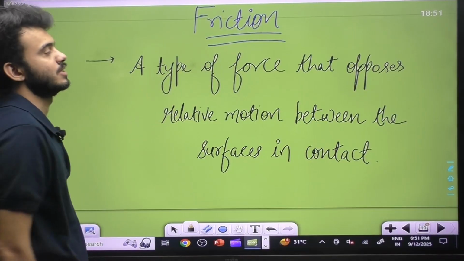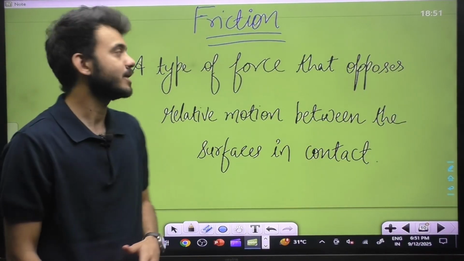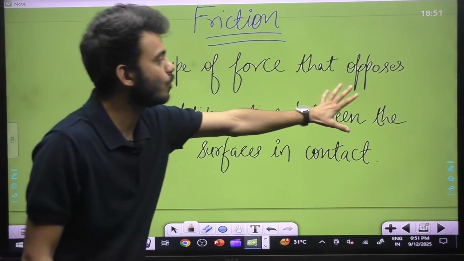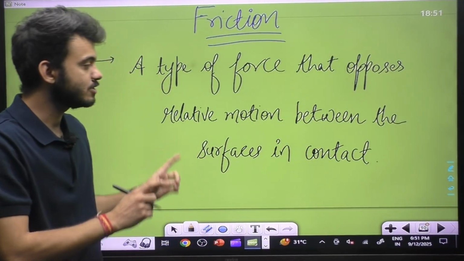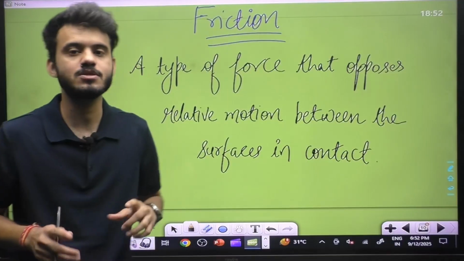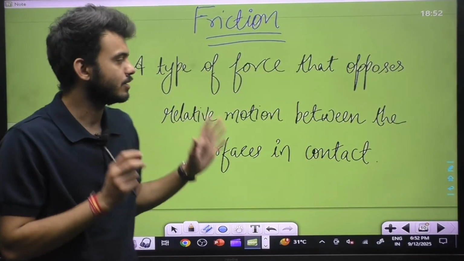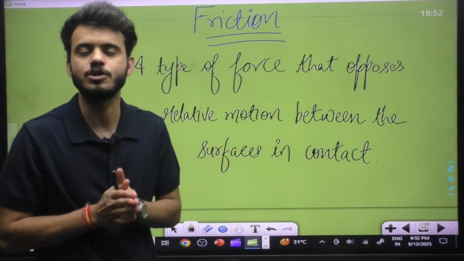So what is friction? Friction is nothing but a type of force that opposes relative motion between surfaces in contact. So there could be two surfaces or there could be multiple surfaces, but momentarily we're talking about two surfaces, let's say.